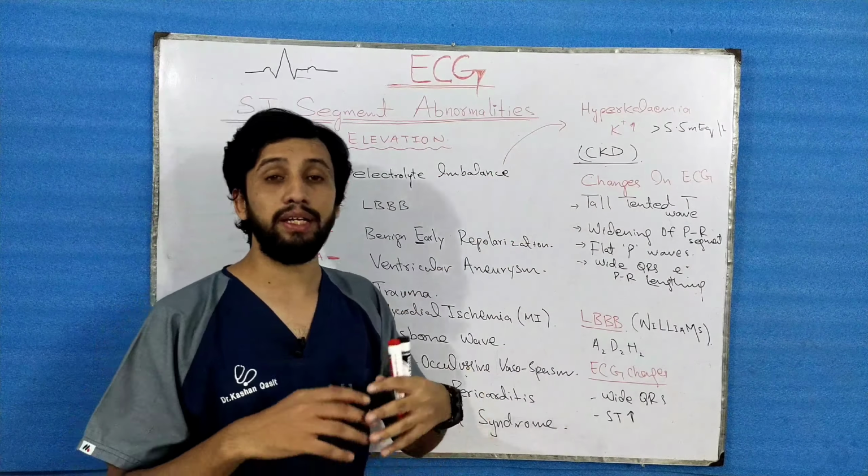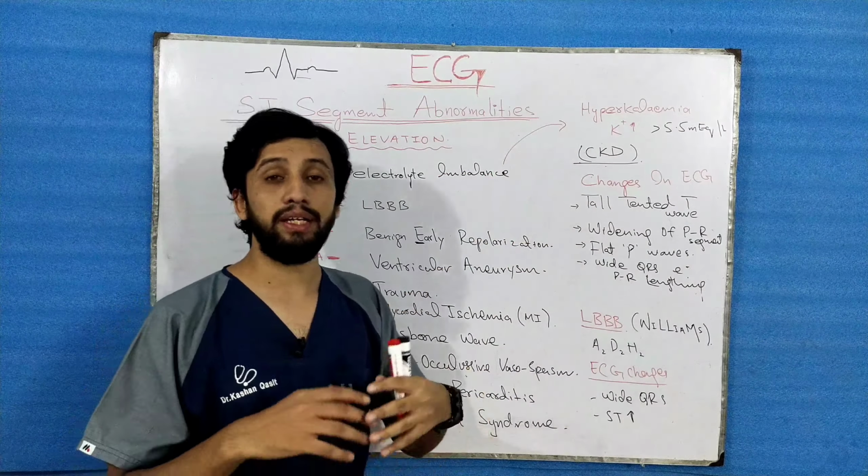Then comes the second one here, which is left bundle branch block. In left bundle branch block, there will also be ST segment elevation and widening of the QRS complex. So these are the changes of left bundle branch block usually seen on an ECG paper.